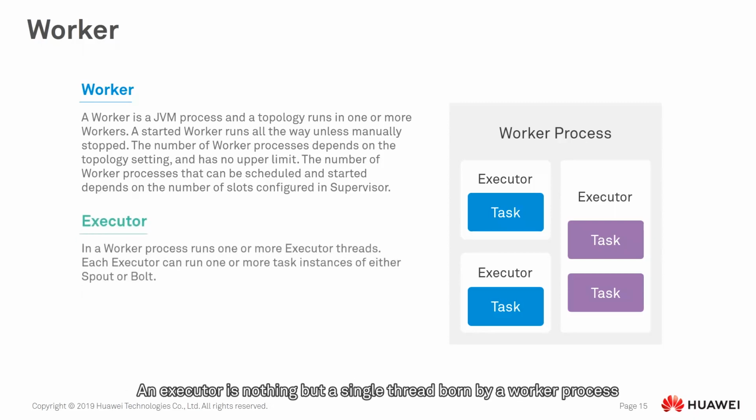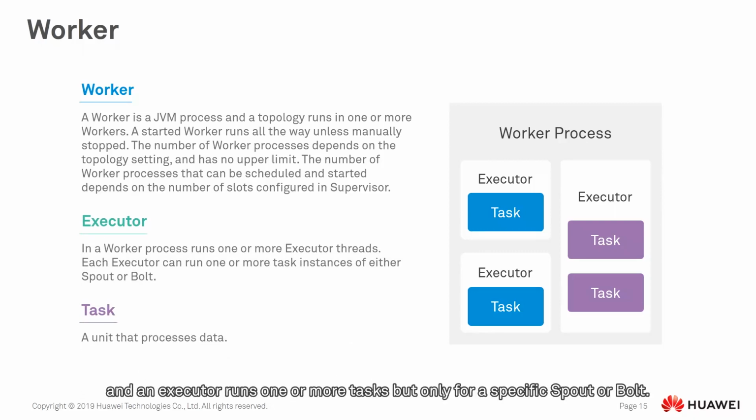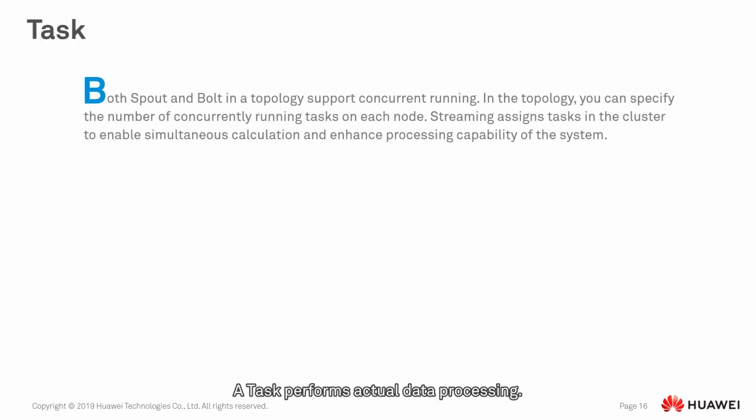An executor is nothing but a single thread spawned by a worker process, and an executor runs one or more tasks, but only for a specific spout or a bolt. A task performs actual data processing, so it's either a spout or a bolt. A topology contains one or more workers that run concurrently on several servers.